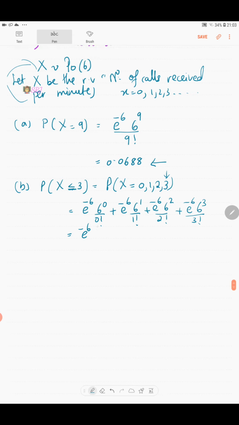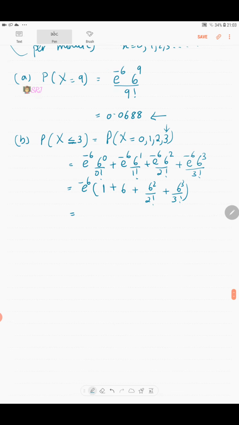And we obtain 1 for probability X is equal to 0, this becomes 1 plus 6 plus 6 power 2 over 2 factorial plus 6 power 3 over 3 factorial. And we obtain 0.151 to 3 significant figures.